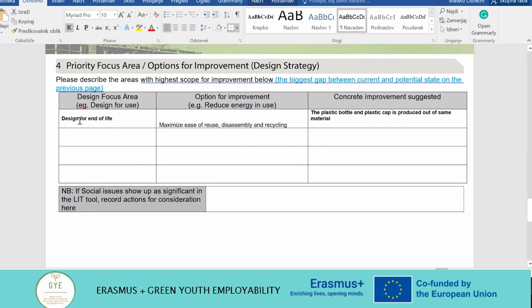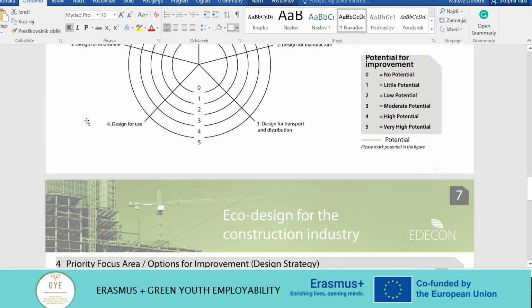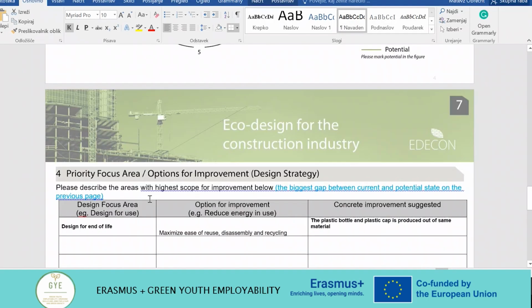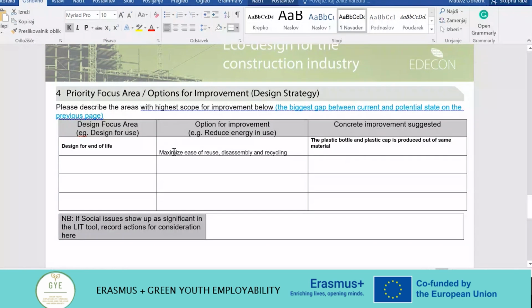So where the biggest gap is, you will define which design phase has the biggest priority out of these 5 design stages. You will say, okay, design for end of life, design for use, for example, and then you will define a specific activity which could be done, and you will define the specific way how this could be done in the future.